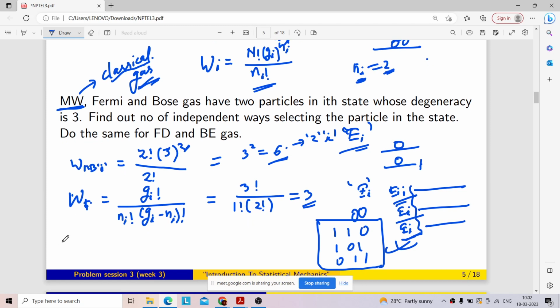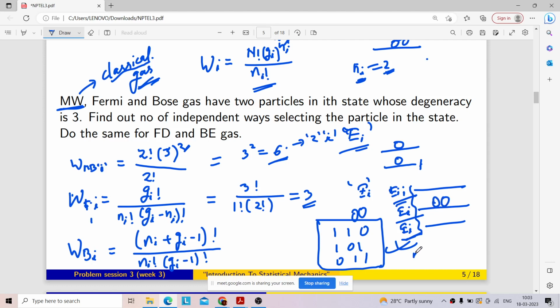Next, come to Bose gas. We'll find the distribution for Bose gas in the ith energy state. The formula for Wi is Ni plus Gi minus 1 factorial divided by Ni factorial times Gi minus 1 factorial. As they are bosons, I can put more than one particle in a single state.